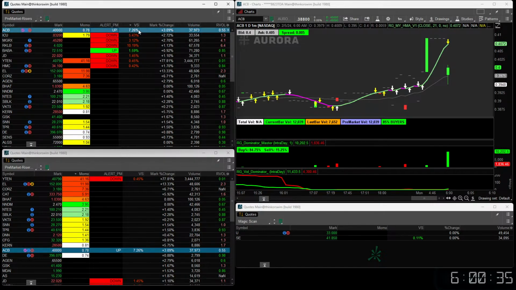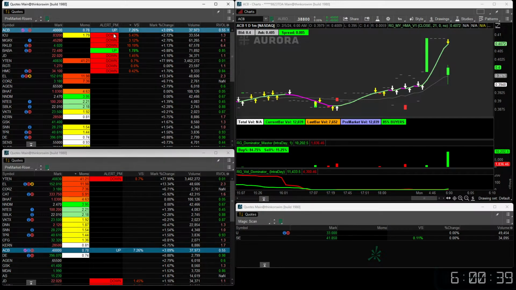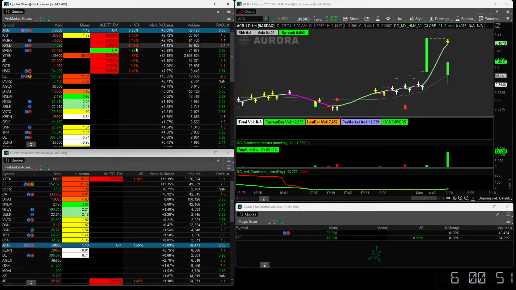I'm also watching these numbers. We want to see these numbers rising if it says up over here. Right now I'm seeing them fall. Sometimes it takes a couple minutes for something to show its strength.